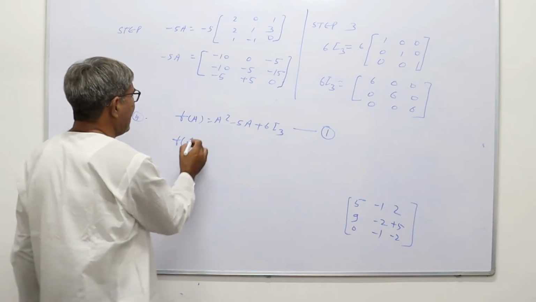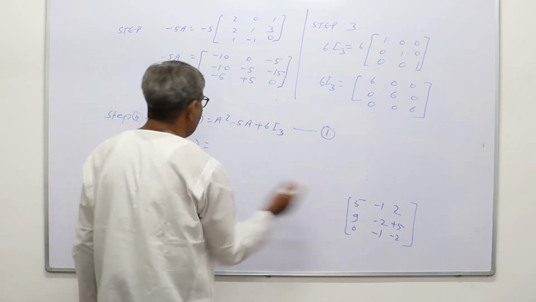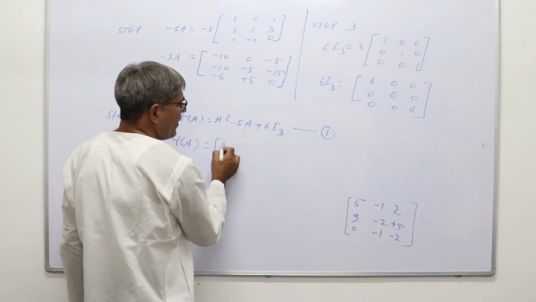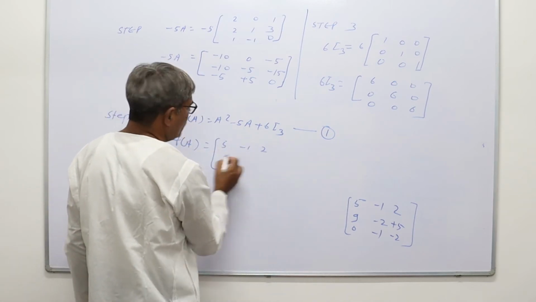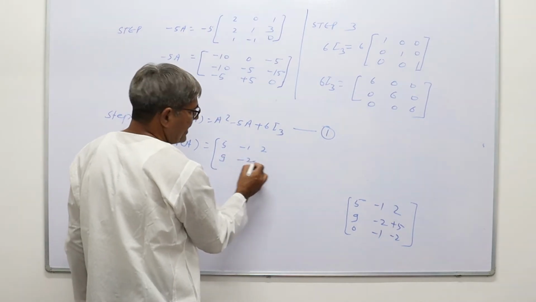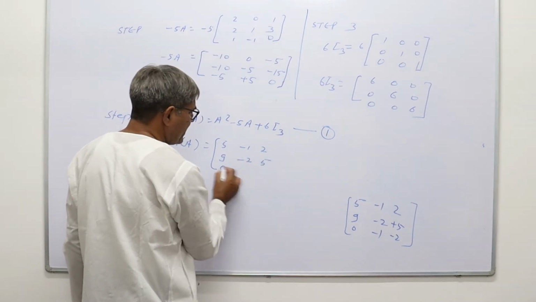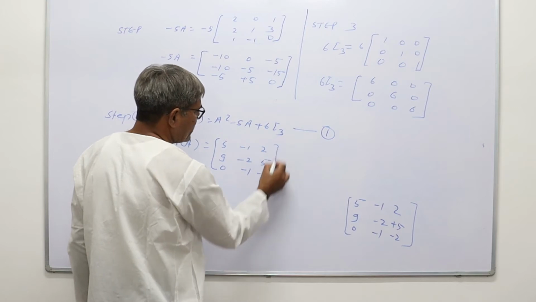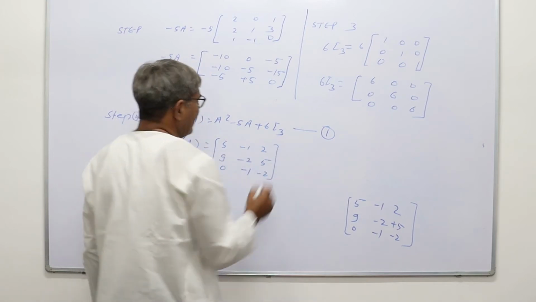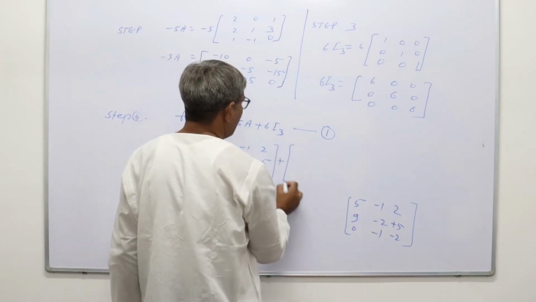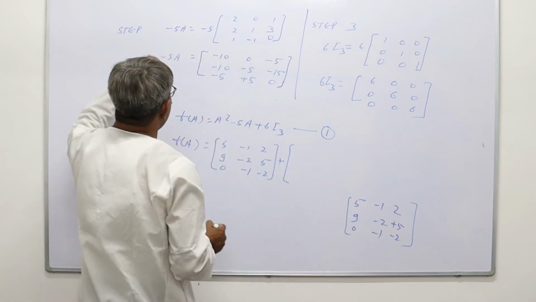Matrix polynomial f of A square is the given matrix, 5 minus 1 2 9 minus 2 plus 5 0 minus 1 minus 2, will be added with the given matrix because we multiplied with minus 5A.